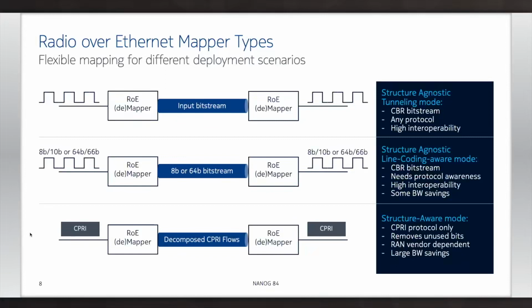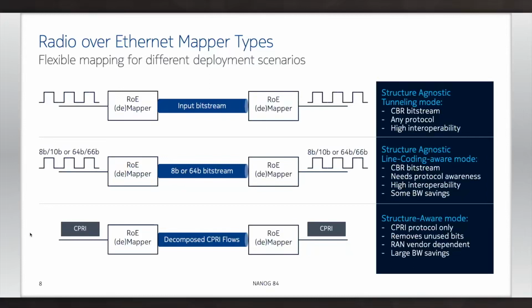So essentially what comes in comes out at a layer 1 level. We're not looking at any higher layer protocols. This provides us the best level of interoperability, and can be used with any protocol essentially. It is a constant bit rate bit stream, so it provides the highest bandwidth consumption possible. That might not be desirable, but in some circumstances that might be the only option available.